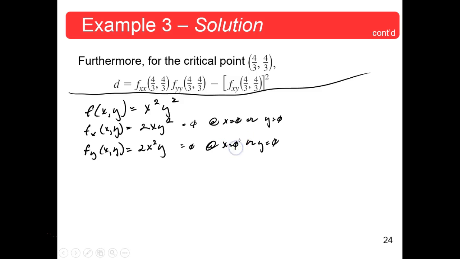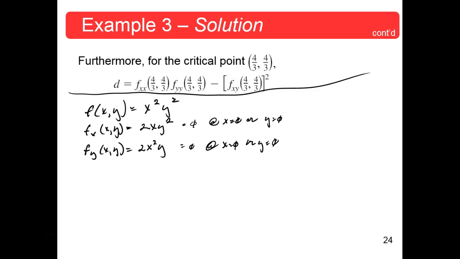So the only possible fit for both of them would be where they're both equal to 0, because you've got to have both of the partials equal to 0, or either one of them not defined, and they're defined everywhere. So at 0, 0 is the thing in question.